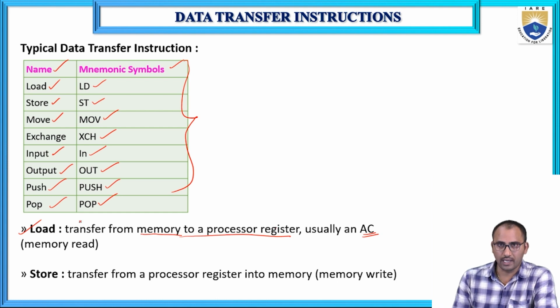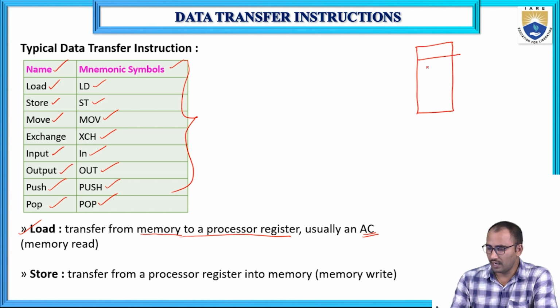That means loading. We have a memory, and the memory contains different memory locations, and in each location we can store some data. Let us assume some values like 0, 5, 23, 46, 58.